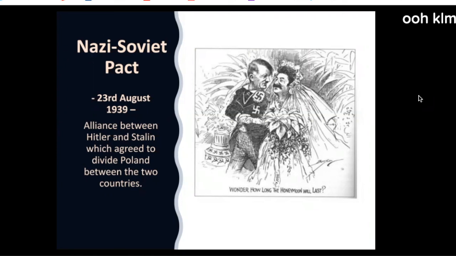You have to do it in the context of the time period. Okay, so he's showing Hitler as the leader, as the mastermind. And is this kind of demasculating to show Joseph Stalin in a wedding dress and a veil? Yeah, holding flowers. So it's basically giving the message that Stalin is being controlled by Hitler.